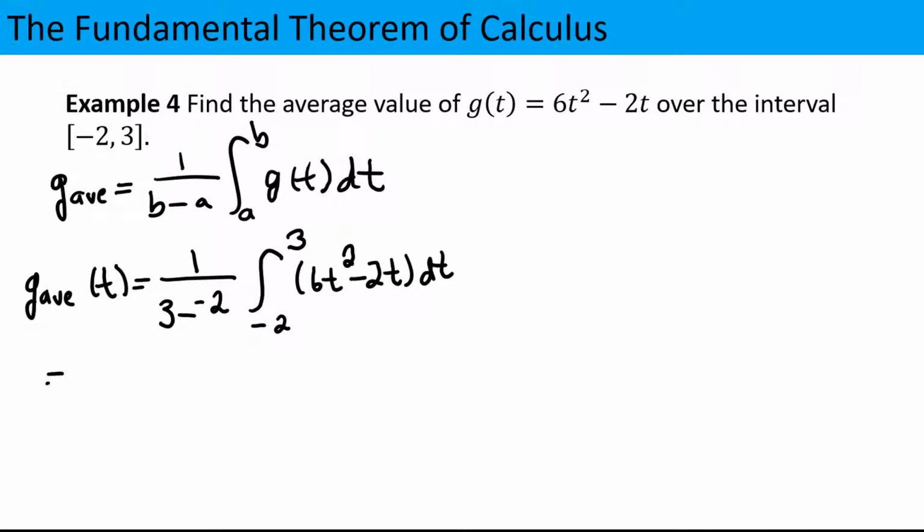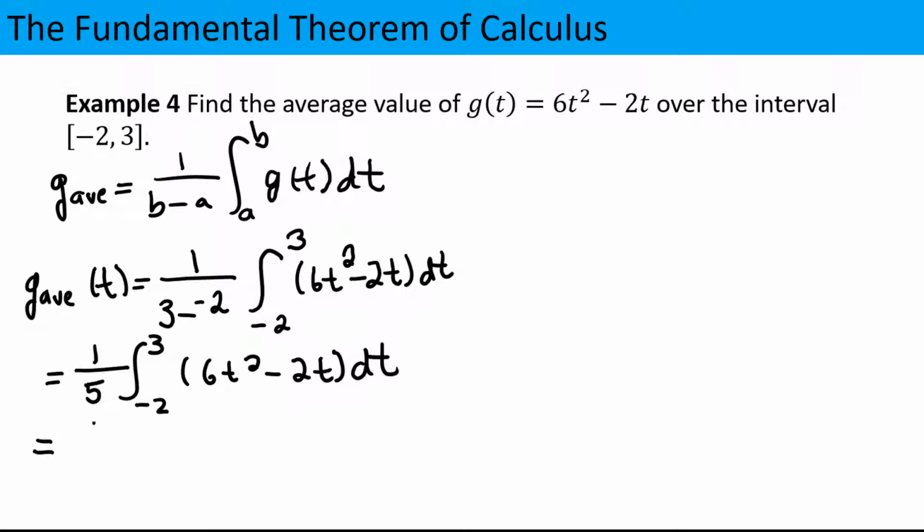Let's proceed. 1 divided by 3 minus -2 is 5, and we want to integrate from -2 to 3 of 6t squared minus 2t dt. Let's do that. So now you will have 1/5 of the integral of 6t squared.